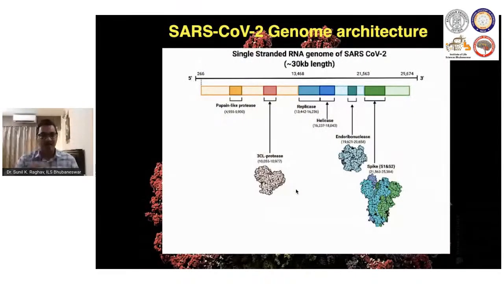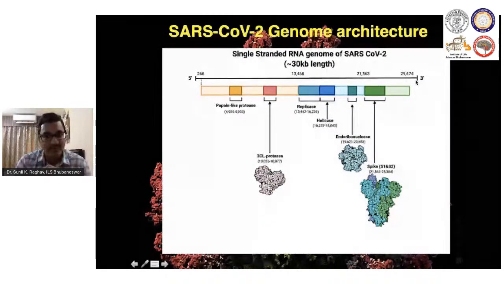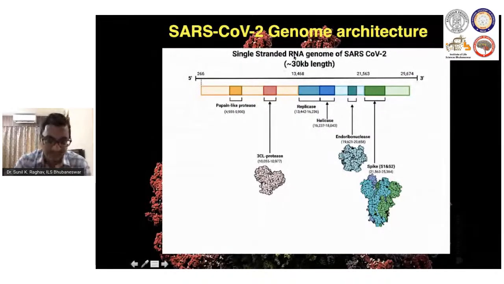So in a simplified version, if you see what type of genome architecture this SARS-CoV-2 virus has, the total length of this RNA is around 29 kilobases, 29,000 bases, you can say. It's nearly 30 kb length of this RNA.